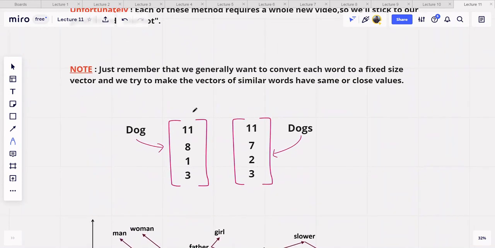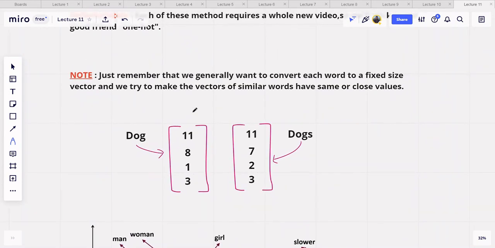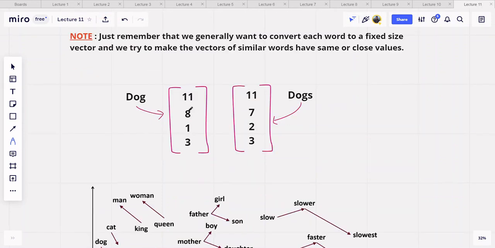Also remember that usually our aim is to convert words with similar meaning to have similar values. For example, we have two words, let's say dog and dogs. Dog and dogs are very similar to each other. Both words deal with only one meaning, because both mean dog.